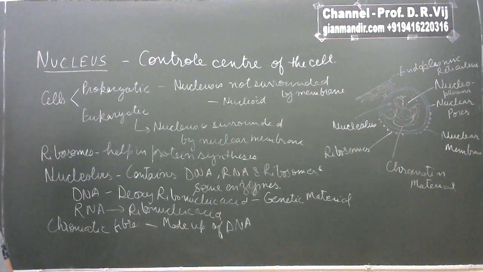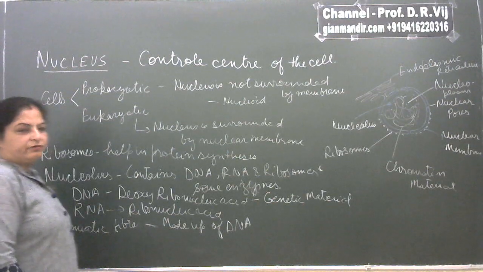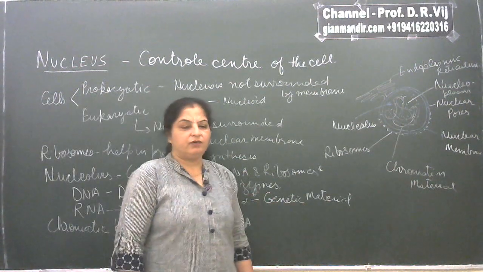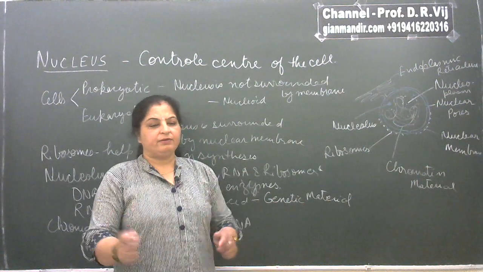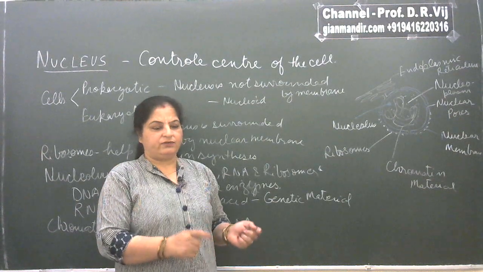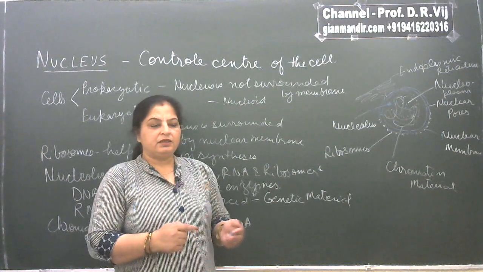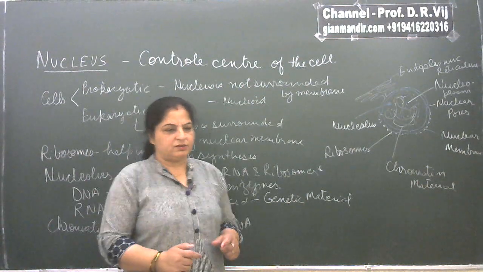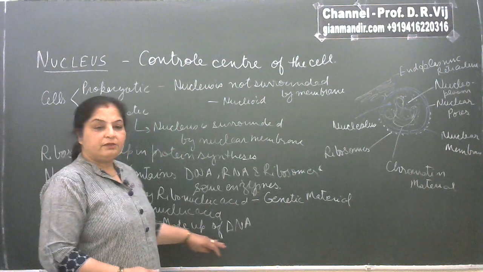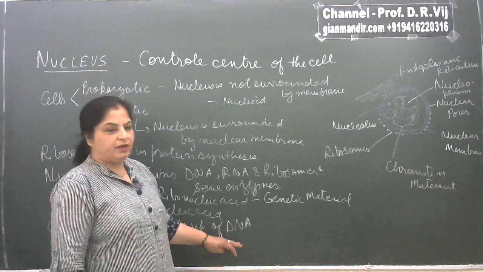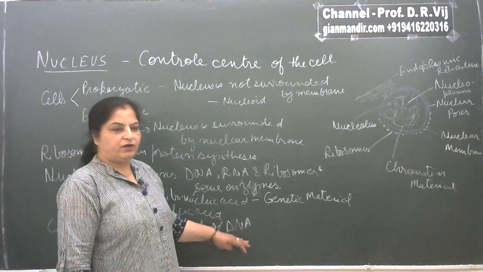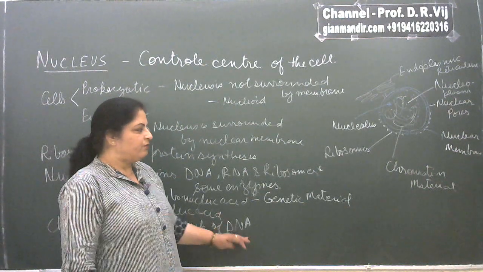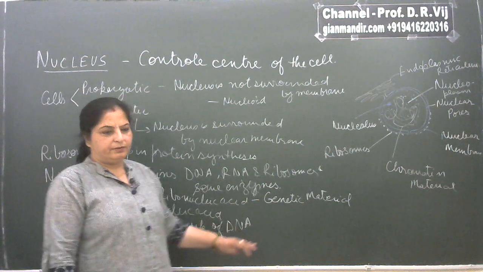DNA is the genetic material which carries information regarding the hereditary characters. You see that every offspring resembles their parents in one way or another, and this resemblance is due to the messages or information that are brought by the DNA. So you can say DNA are the carriers of hereditary information from one generation to another.